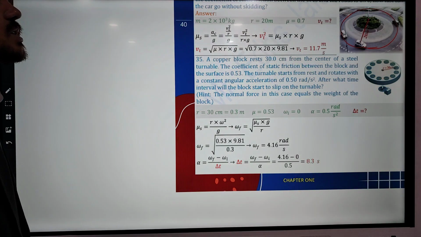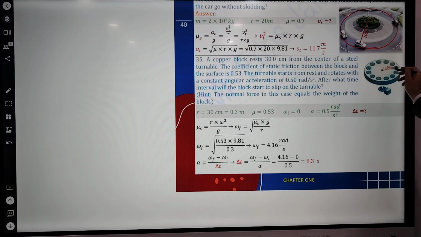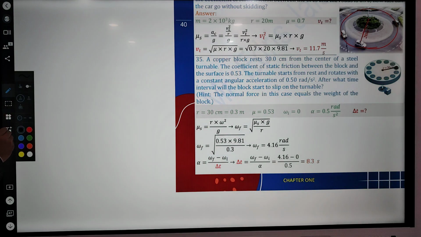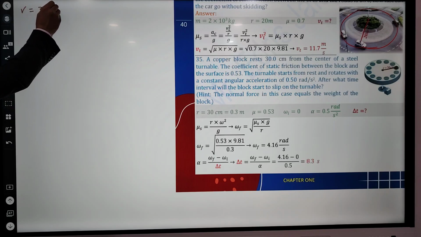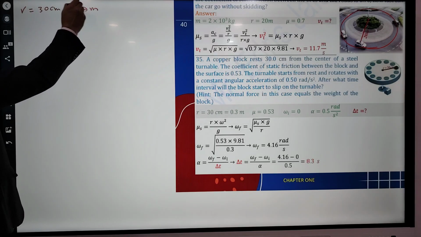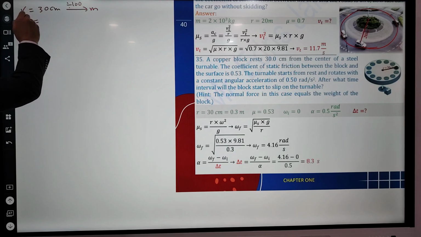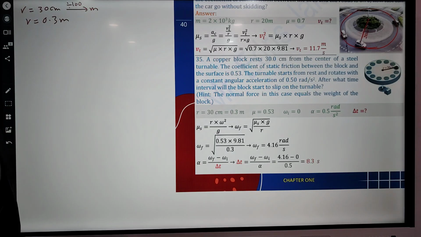What do you mean by from the center of the steel turntable? This is the copper block, and this is 30 centimeters from the center of the turntable. So R is equal to 30 centimeters. You have to convert to meters by dividing by 100, because the SI unit of the radius is meter: 0.3 meter.